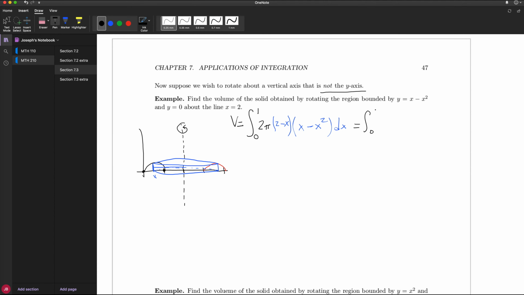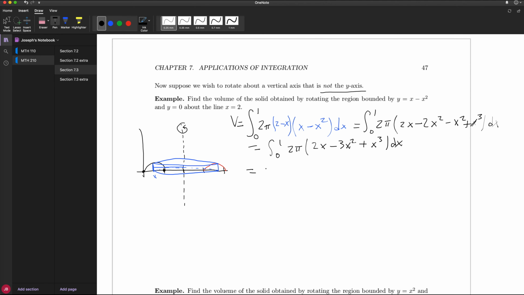So we get integral 0 to 1, 2 pi. It looks like we're going to get 2x minus 2x squared minus x squared plus x to the third dx, which is equal to integral 0 to 1, 2 pi, 2x minus 3x squared plus x cubed dx.